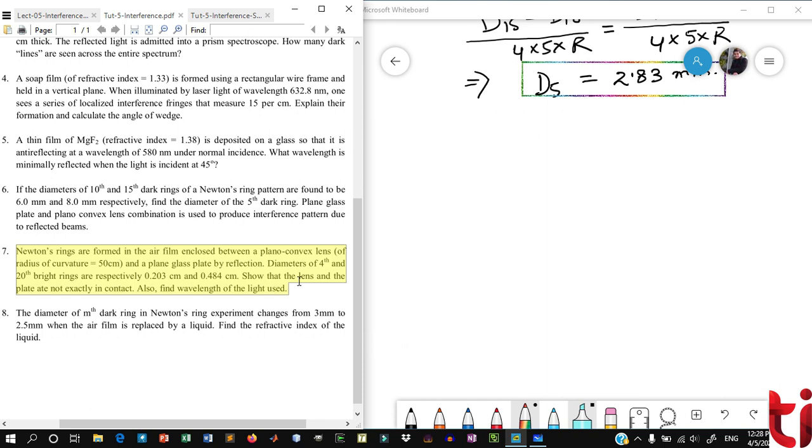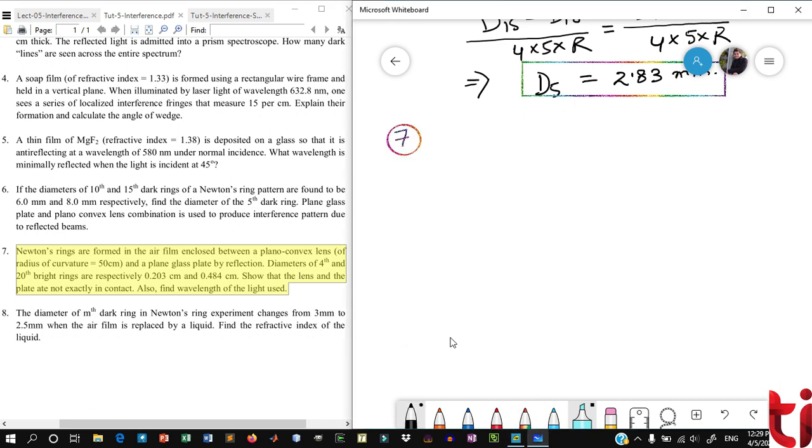Show that the lens and the plate are not exactly in contact. Also find the wavelength of the light used. Given data are radius of curvature of the plano-convex lens is 50 centimeter.